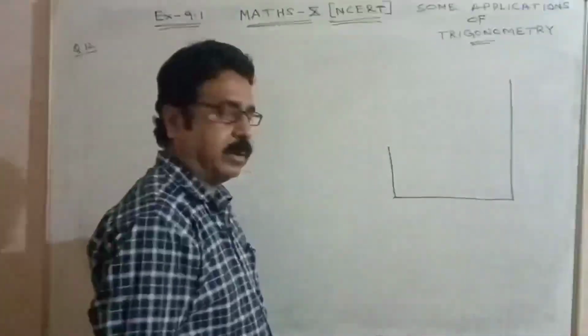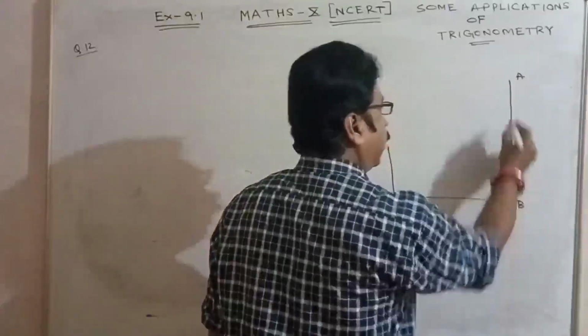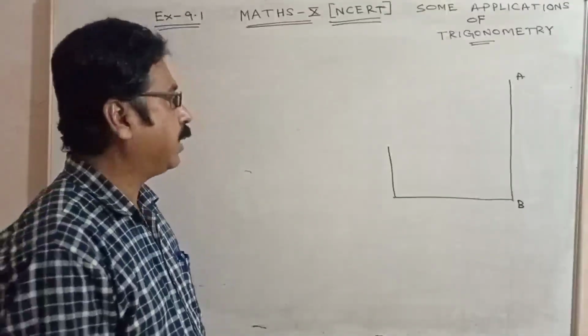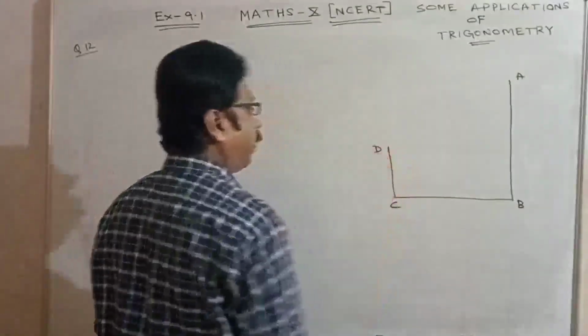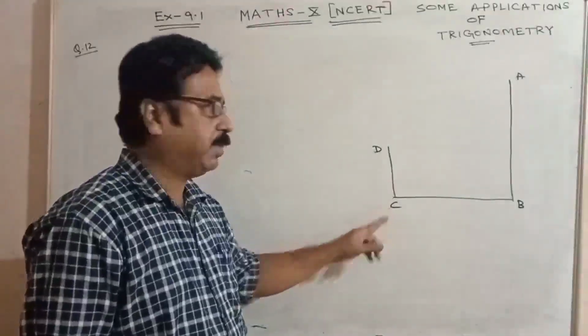This is the cable tower, AB. A is the top point of the cable tower and B is the bottom point. CD is the building. D is the top of the building, and C is the bottom of the building.